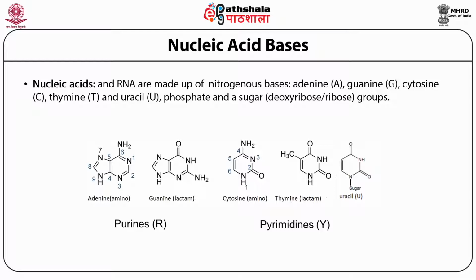Purines, which are abbreviated as R, are adenine and guanine, which are 5,6 fused aromatic rings, and pyrimidines, which are 6-member rings. They have alternate double bonds, and these are also abbreviated as ADE or A, GUA or G, CYT or C, THY or T, and URA or U.